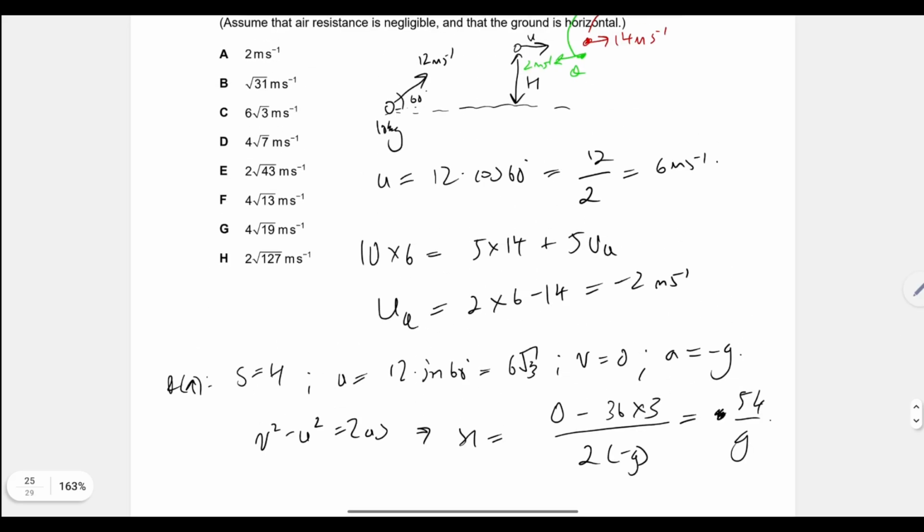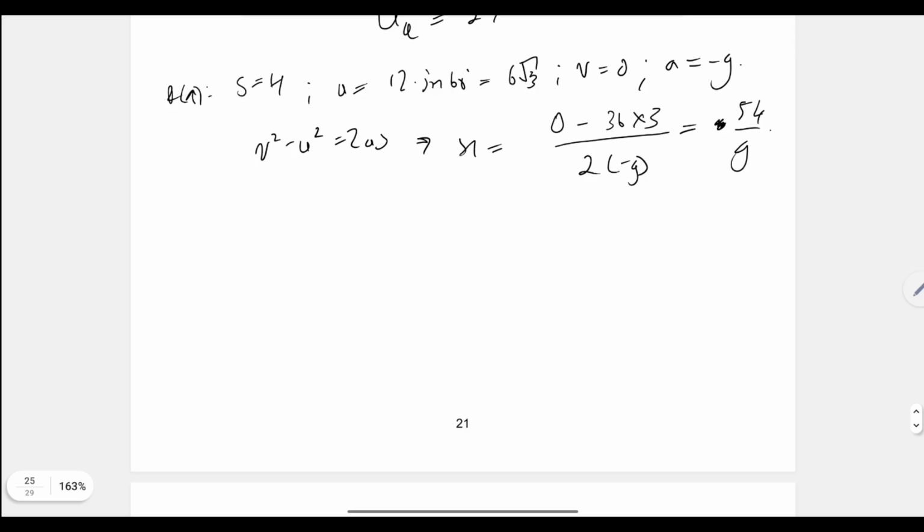Okay, now let's think about q as it falls. So resolve downwards for q. It falls through a height h. Initially it's got no vertical speed. It ends up with vertical component, let's call that vy, which we're trying to find.